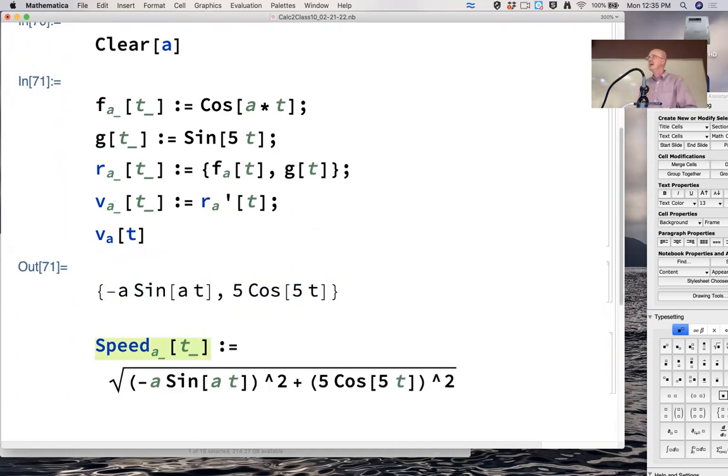The speed is the length of the velocity vector, which means take the first component and square it plus the second component and square it. Something you should know for exam 1. You don't need to know this Mathematica code for exam 1, though you should understand the bigger idea about, like with functions, when you first define them, put the variable inside the square brackets and use an underscore. You should know that for the exam. Don't worry about the subscripts for the exam. I will not put those in the exam.